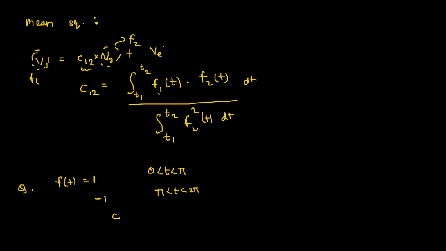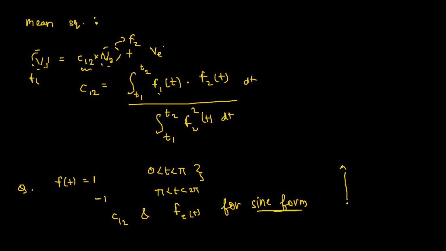We need to find C12 and the error function here, such that for the sine waveform. So basically what we are trying to do is find the sine waveform in terms of the given function, right?